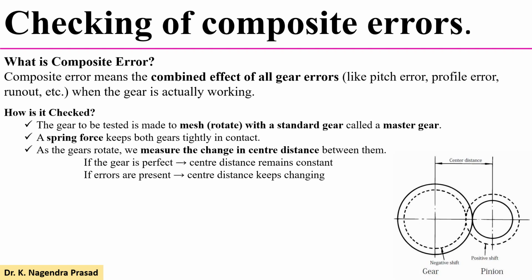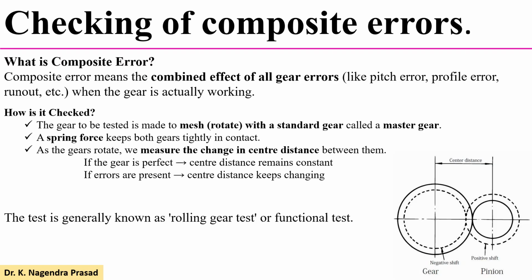If the gear is perfect, the center distance between the gear and the master gear remains constant. If any error is present, the center distance between the master gear and the gear changes. This test is generally called the rolling gear test or functional test.